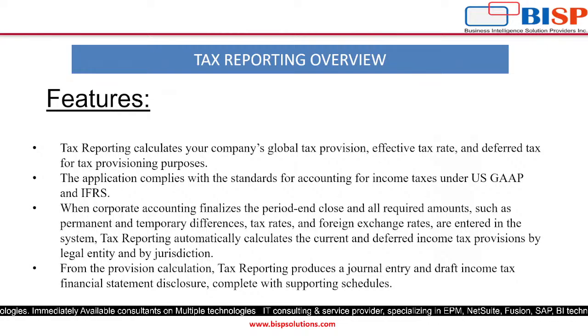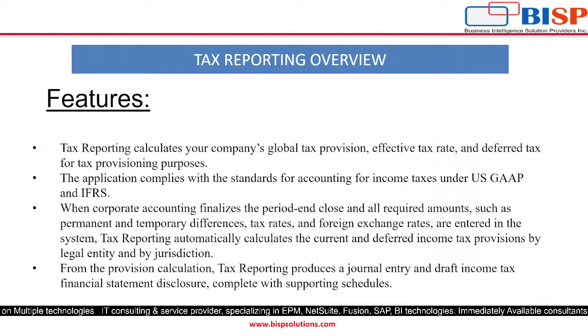The flow of the process is that we load the trial balance data into the application and then we input the tax rates and all the adjustments that we want or are legally required for the calculation of current tax or deferred tax, and then we can just run the business rule and see that the journal entry can be passed directly through the tax automation process.